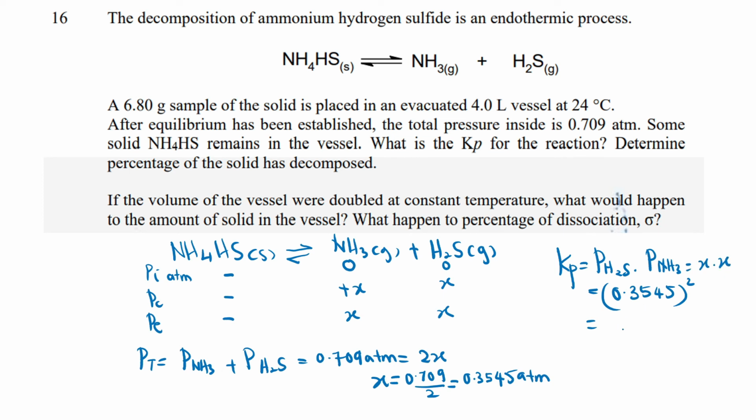So we got 0.1257 ataupun 0.126. So ini adalah nilai Kp. Okay, next, determine percentage solid has decomposed. Okay, soalan yang seterusnya, kira percentage solid yang decompose.